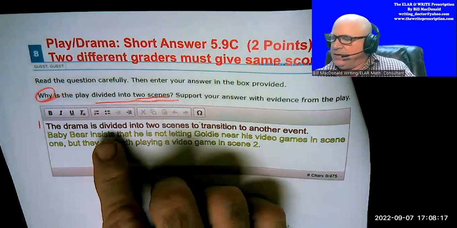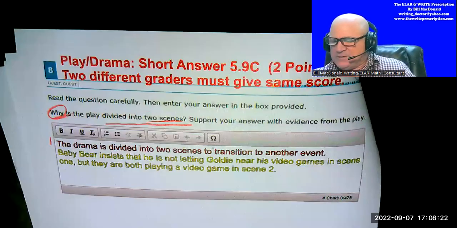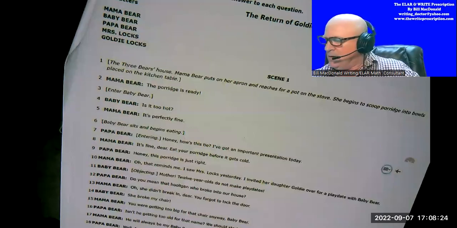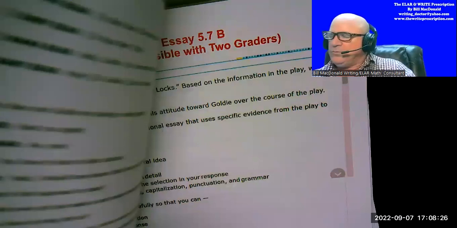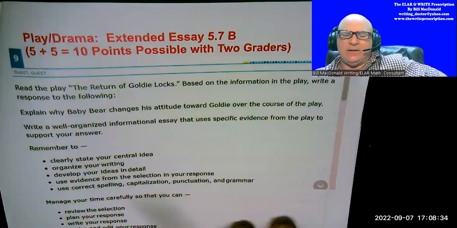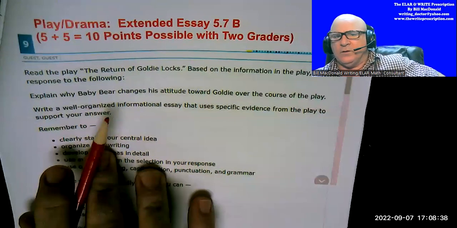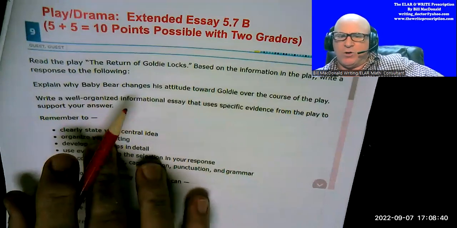Okay. Next is the play that we've been studying for the last bit, 2 pages. And what I noticed about the question for 5th grade is that it's a dual central idea statement that's required.